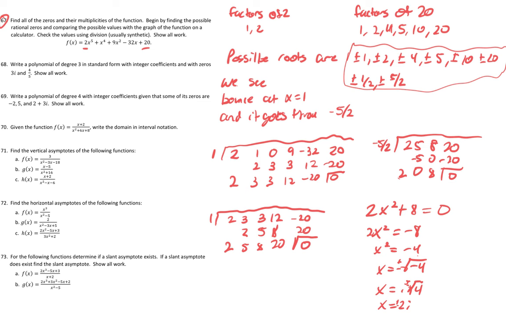Does it ask for, no, just the zeros here. So zeros: 1, 1, negative 5 halves, 2i, minus 2i.